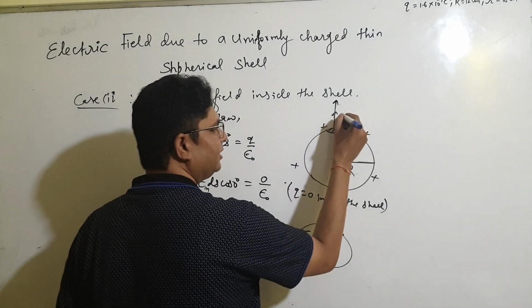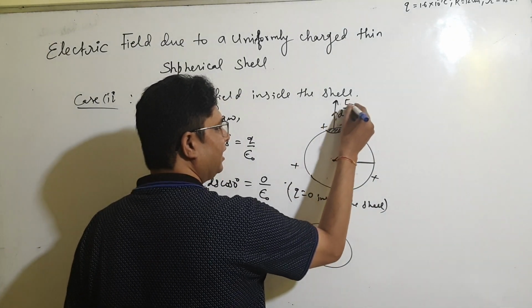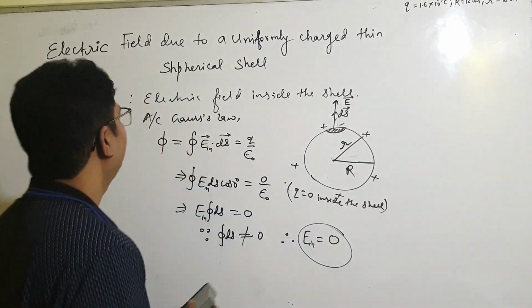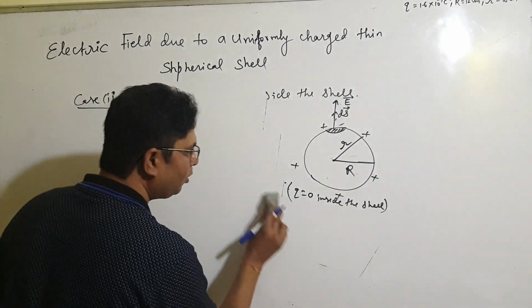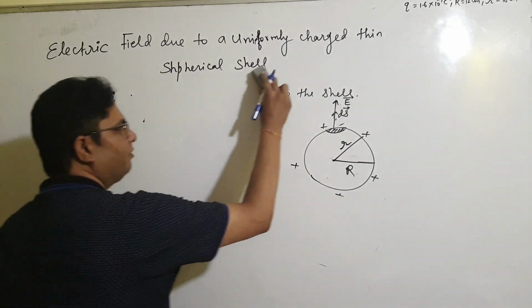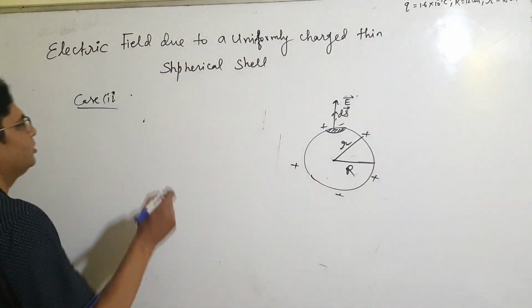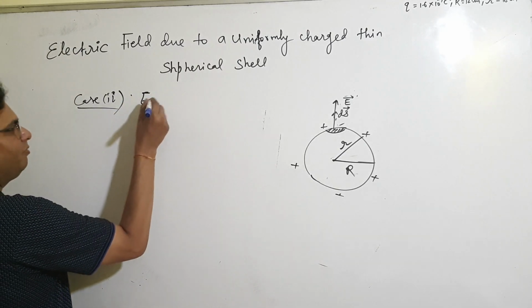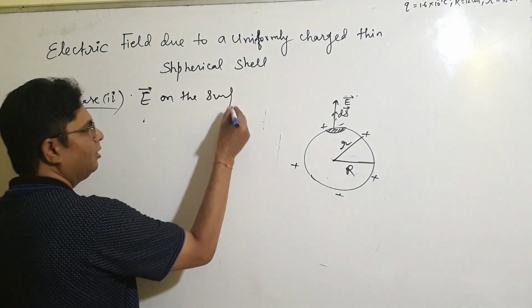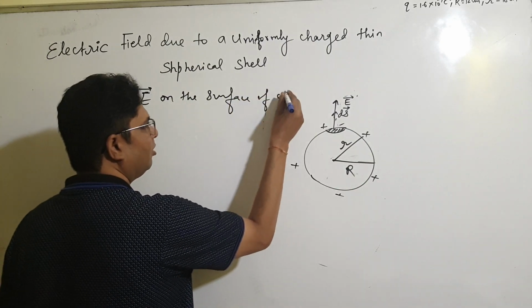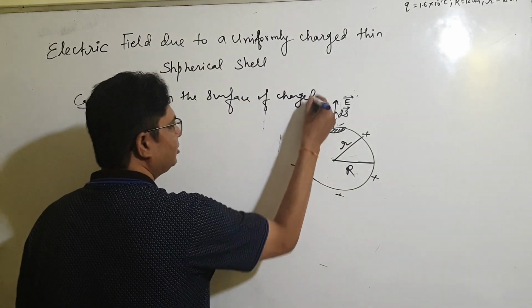So our second part is the electric field on the surface of the charged shell.